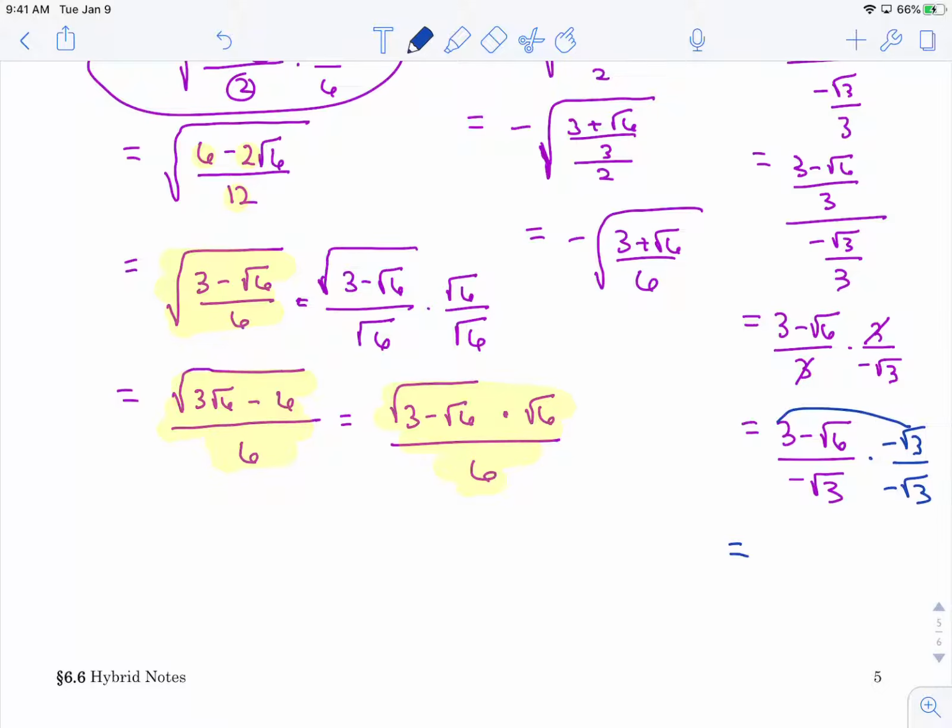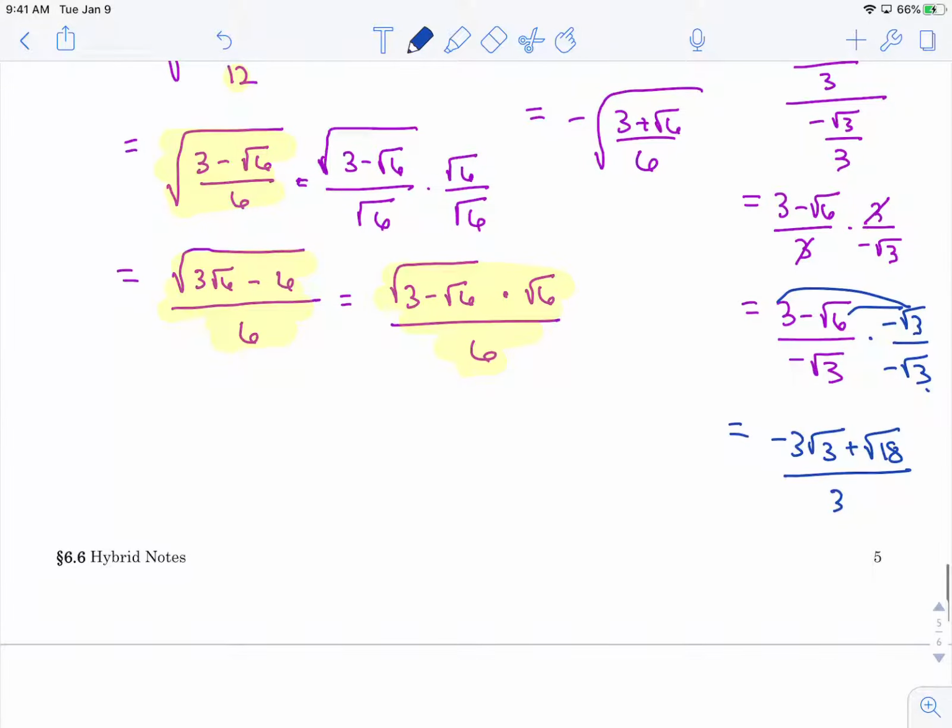So distribute that, I get negative 3 root 3 minus, oh, that gives me a positive, and that actually gives me root 18. And then a negative times a negative is positive. Root 3 times root 3 is 3. Well, now I gotta simplify that guy. So you can kind of see why I'm not going to require you to do this on the exam. It just takes way too much time.